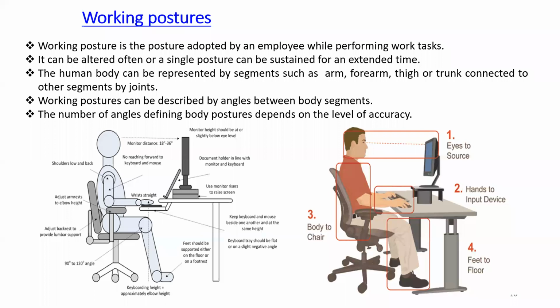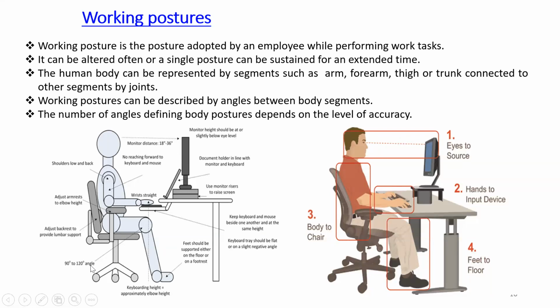Then the position of the thigh or the leg and the back is in this direction. The shoulders should be low and the back in this position. Some adjustment should be done: adjust the arm rest to elbow height, and adjust the back rest to provide lumbar support.